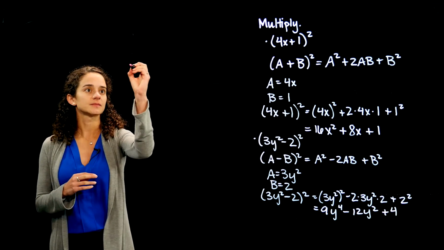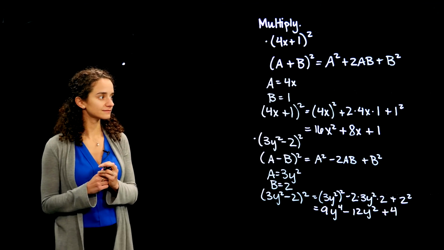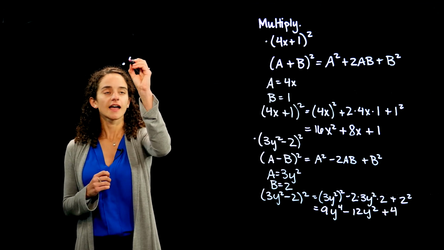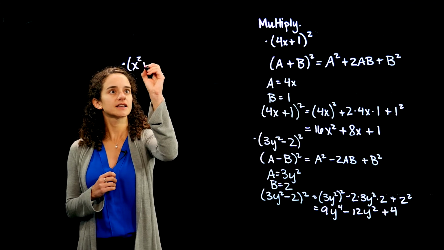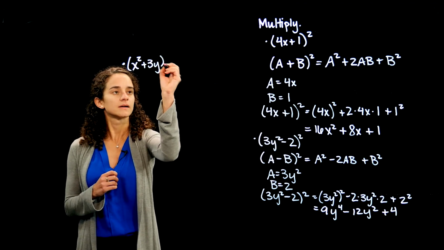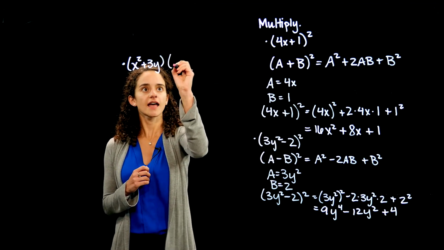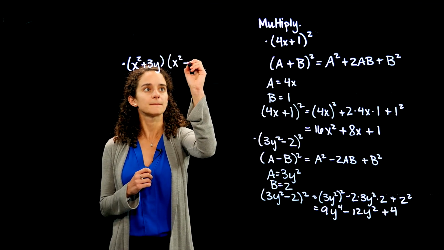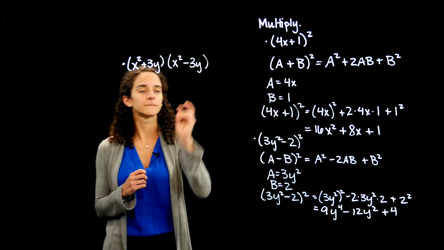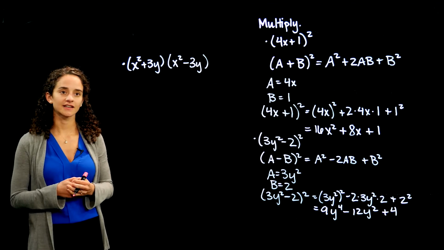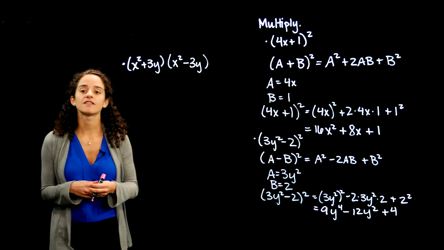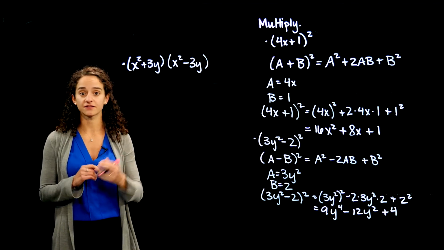We are asked to multiply the quantity x squared plus 3y times the quantity x squared minus 3y. This is an example of the product of a sum and a difference.